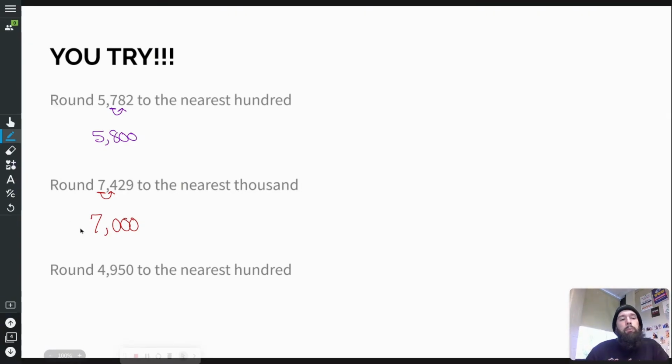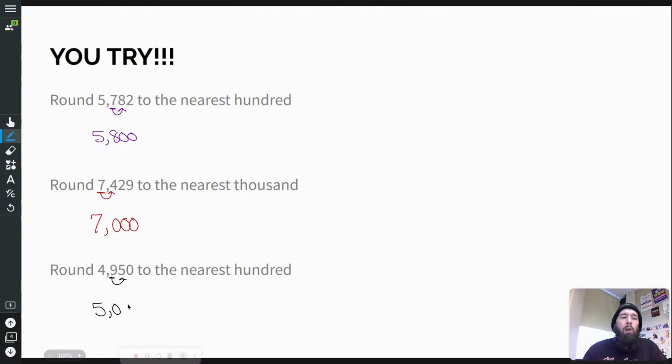One more. Round 4,950 to the nearest 100. So ones, tens, hundreds, underline the 9. Look to the right of the 9. That's 5 or above, so we'll give that a shove. Ooh, and this is a tricky one. So you're going to bump that 9 up. Up to what? Well, up to 10, which means 49 becomes 50.